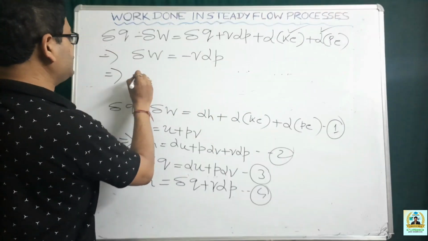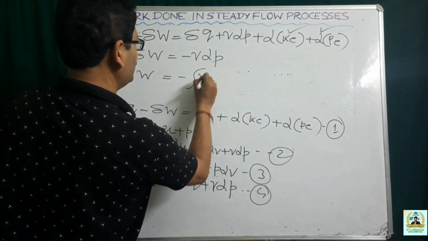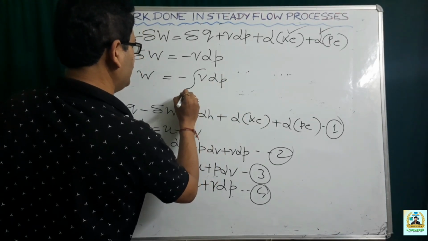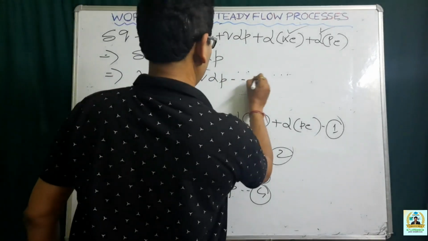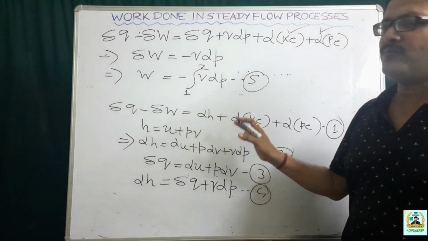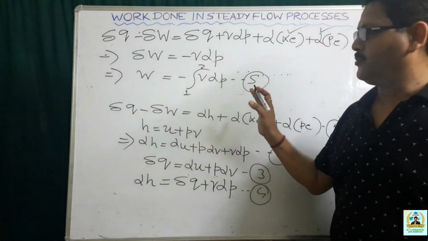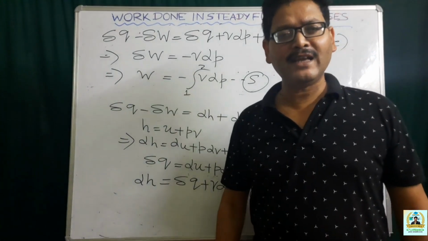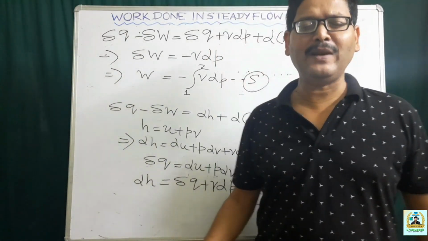So W is equal to the integration of minus VdP. This is actually the expression for the work done in a steady flow process. Then we will derive the expression for different specific processes applying the first principle.